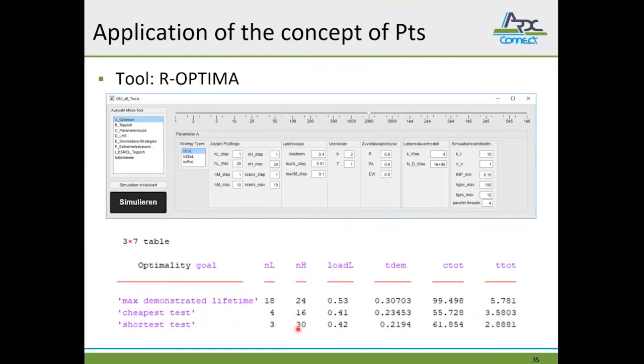So 30 of the 33 specimens in total are on the high load level, which means a high acceleration and a short testing time. But of course, our demonstrated lifetime decreases. So with this tool, we can simulate pretty much all relevant test configurations that we are interested in.